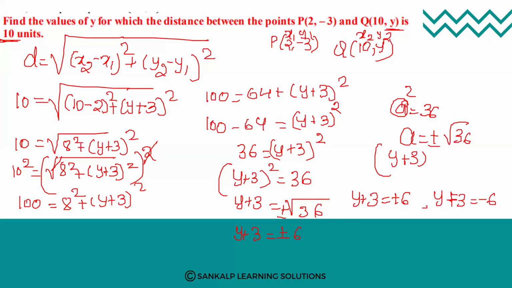I have taken them separately. So y is equal to, now transfer this plus 3 to this side. 6 minus 3 will get. So 6 minus 3 is 3, right? Like that, transfer this 3 to this side. Y is equal to minus 6 minus 3. When you shift plus 3 to this side, then it will be minus 3. Y is equal to minus 6 minus 3 means it is minus 9.